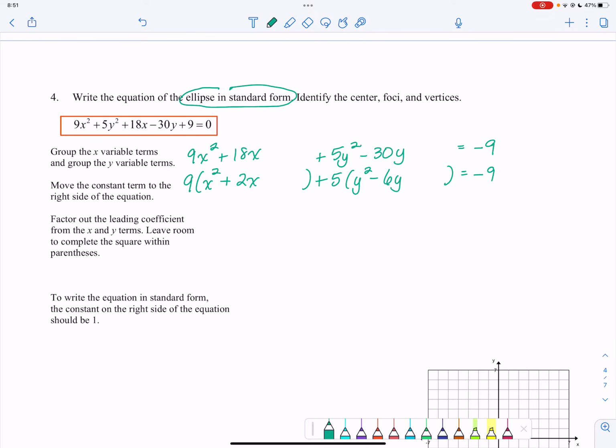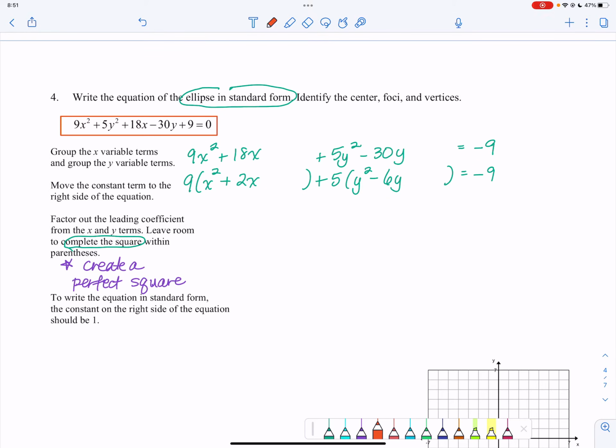Now I'm going to create a perfect square. I'm going to complete a square. I'm going to create a perfect square by completing the square. Okay, so that's what we're going to do. So how are we going to do that?